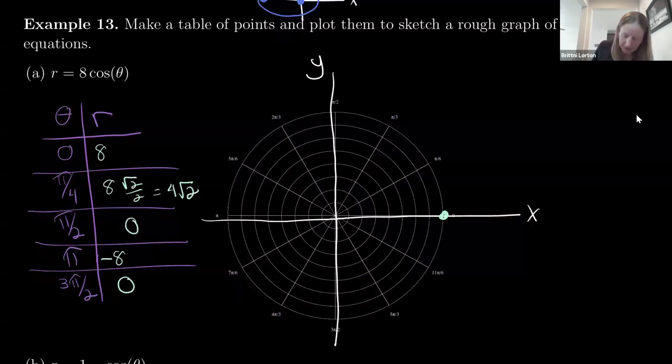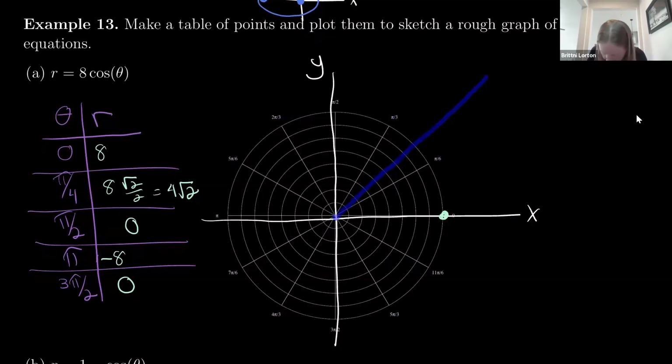And then I'm going to face the angle of pi over 4, and I'm going to walk 4 root 2 units away, which you can type into your calculator, is about 5.6. So I'm going to face the angle of pi over 4, and I'm going to walk 1, 2, 3, 4, 5, and a little. Okay, 5 and a little, and that's where I'm going to end up. And then I'm going to face the angle of pi over 2, and I'm going to walk 0 units.